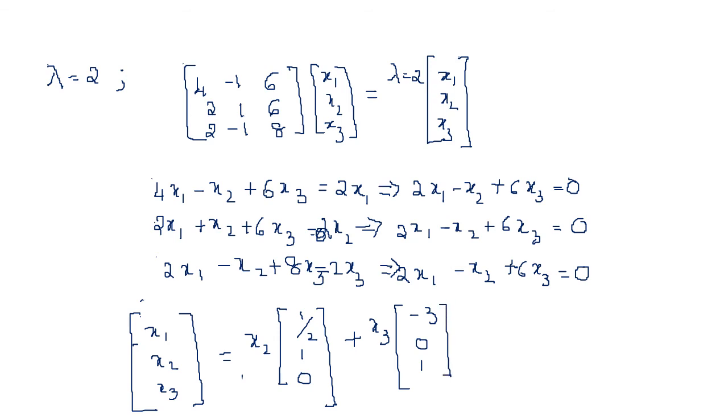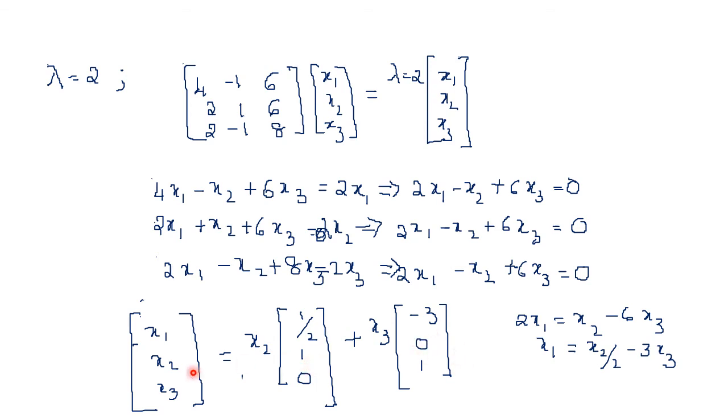I got this because 2x1 is equal to x2 minus 6x3. So x1 is equal to x2 by 2 minus 3x3. So you see here x1 gets multiplied by half and minus 3, and x2 is 1.